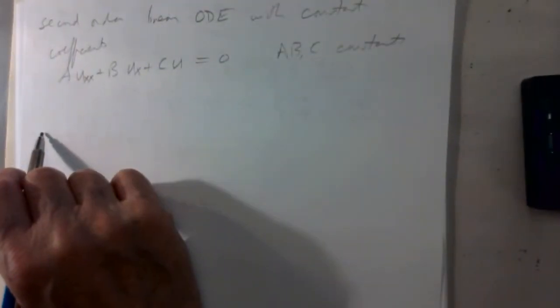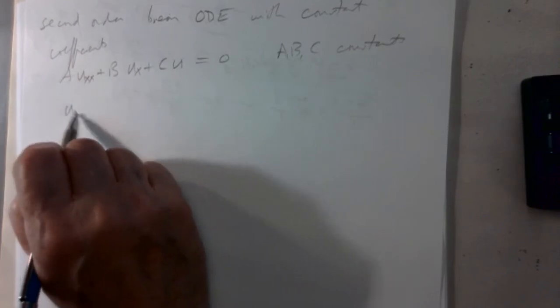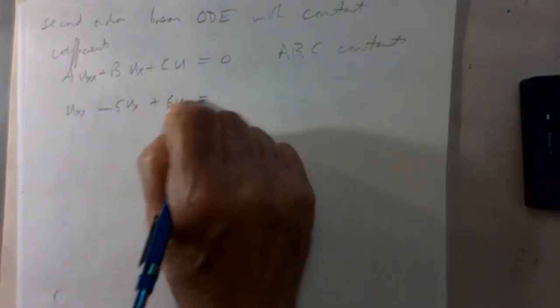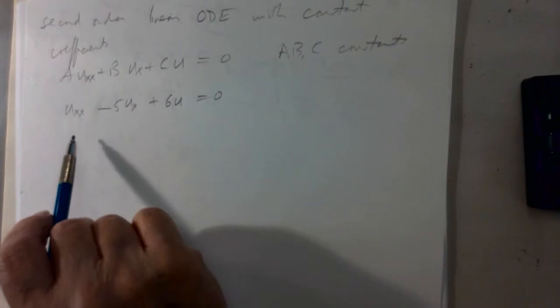And we want to solve this equation. Let me just make a concrete example. Suppose we have something like u_xx minus 5u_x, more interesting, plus 6u equals 0. So we want to find a function which solves this equation.